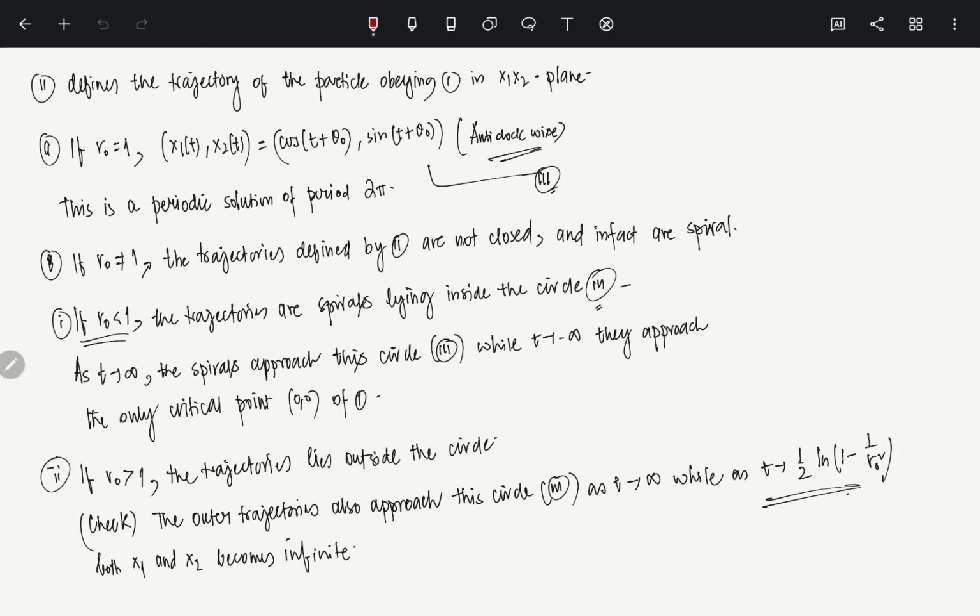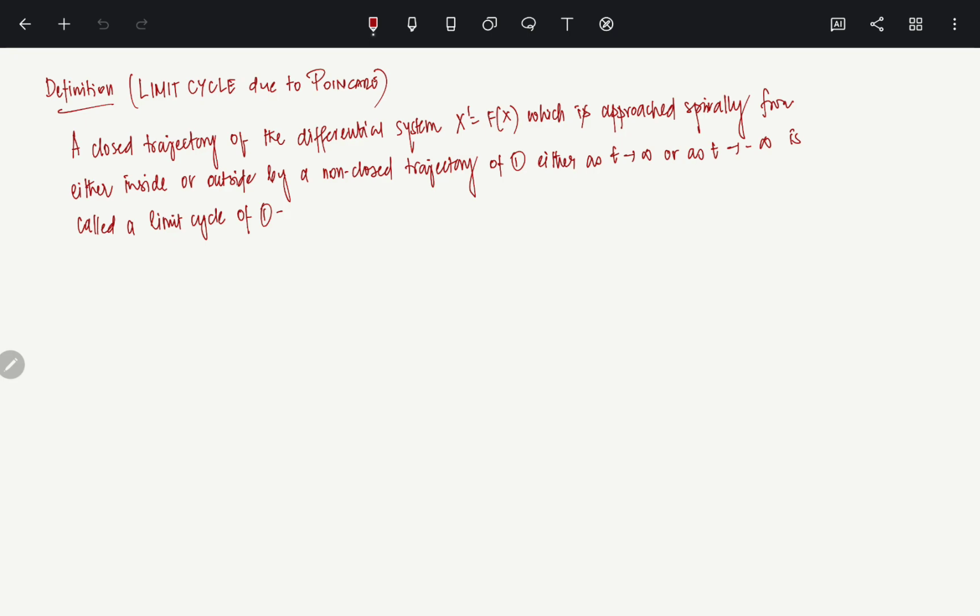See, in our earlier cases, basically this is a solution of this problem, a particular solution. And there are two different trajectories which are non-closed. As t tends to infinity and t tends to minus infinity, it is actually approached. So in the earlier case, depending on the initial data, it is either approached from the inside or from the outside.